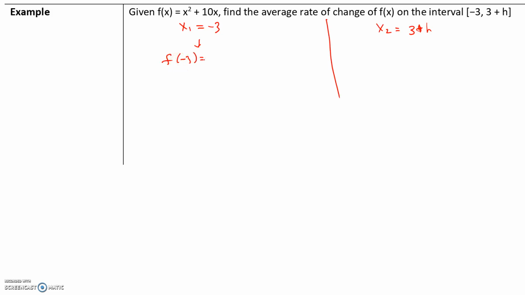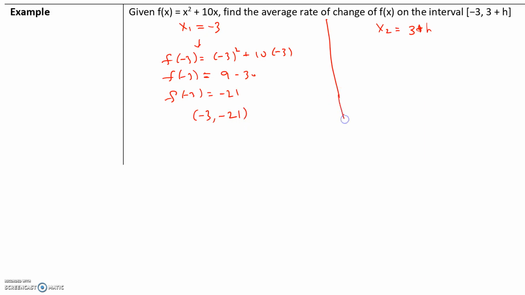If I plug this into my function, I will get -3 squared plus 10 times -3, which is 9 minus 30, which is equal to -21. So our first point is the point -3, comma, -21.